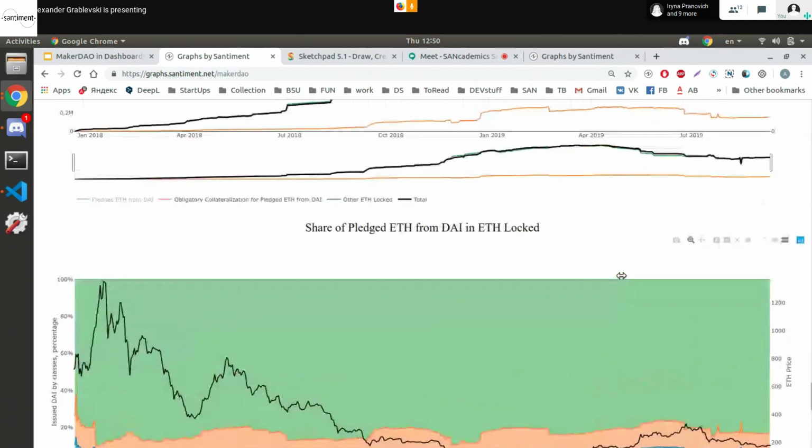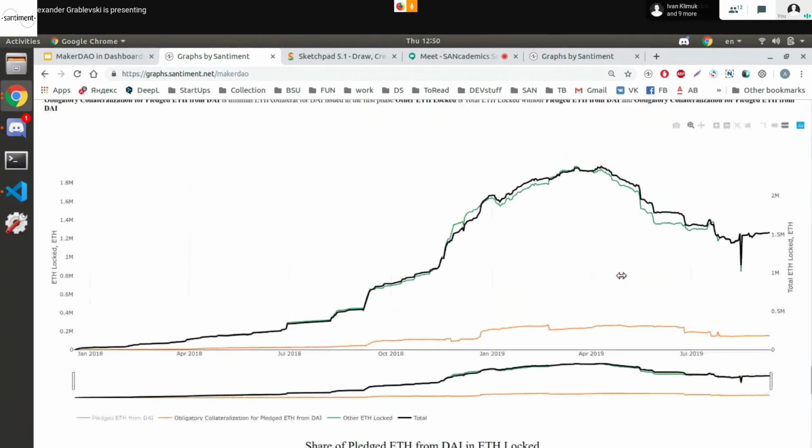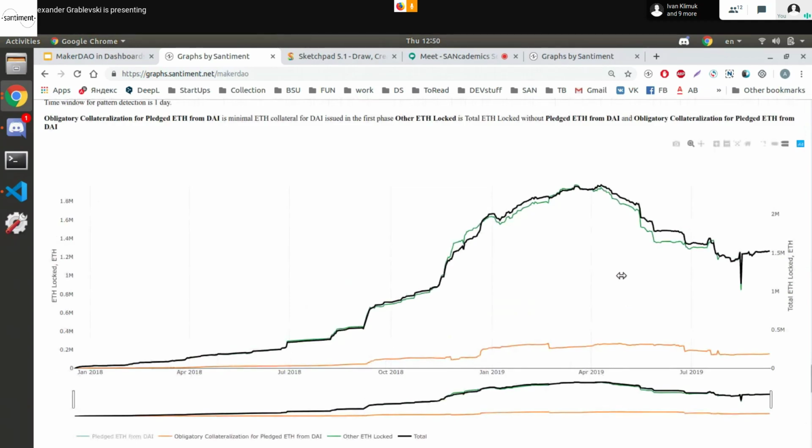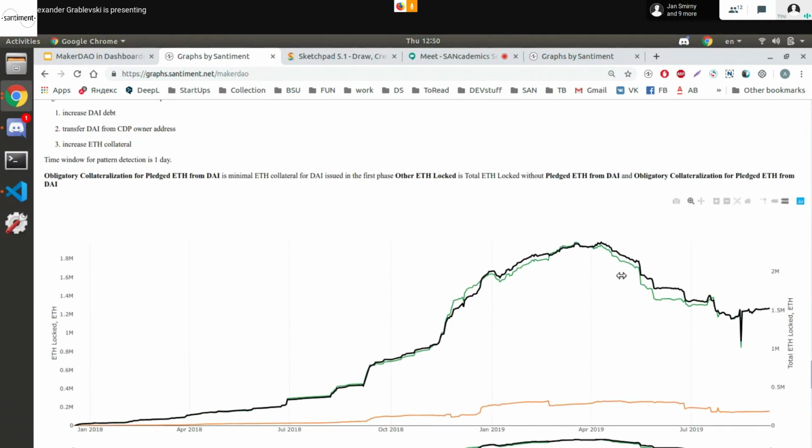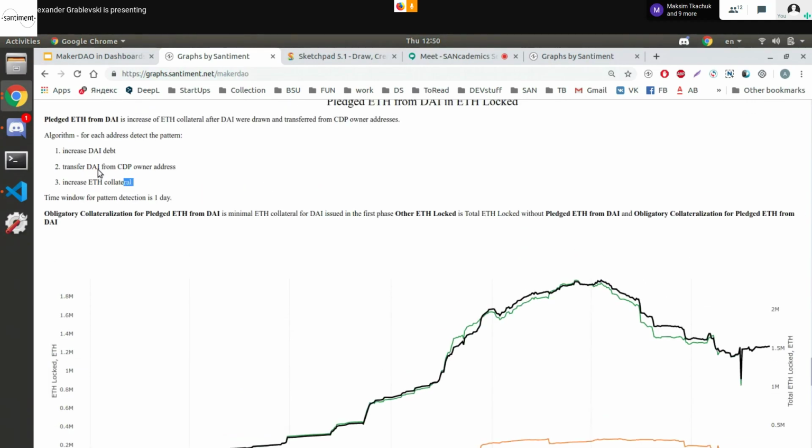Yeah, that's very interesting. Do you know how exactly it is detected that some DAI is used for leverage? It's used for buying ETH. Yeah, so the algorithm is basically this. We detect patterns where somebody issues DAI, so this person increases their DAI debt, then transfers DAI from the CDP to their owner address. So basically they get the DAI.